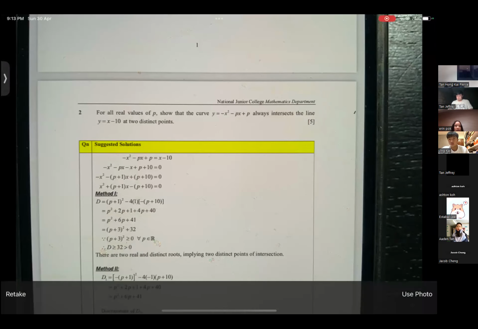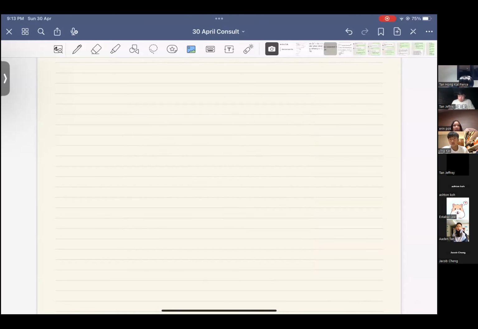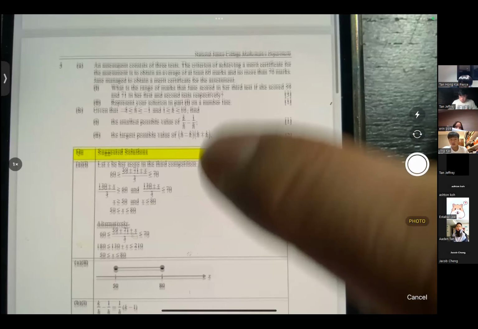So Mr. Tan, I don't need question 2 already, because it's the same as the previous one. Question 4, this one.